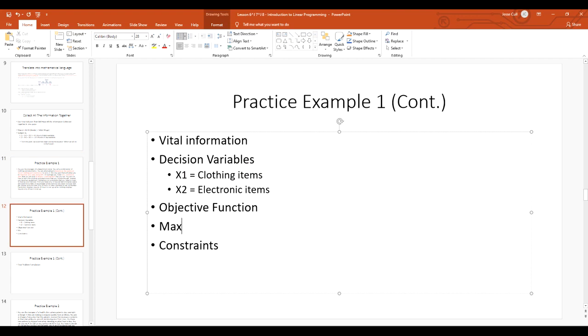Maximize Z, and Z represents profit, equal to 6x1 clothing items plus 22x2 electronic items.